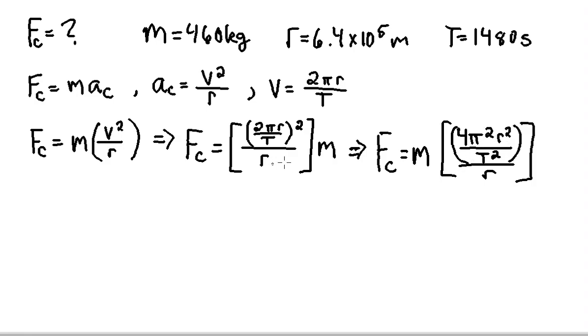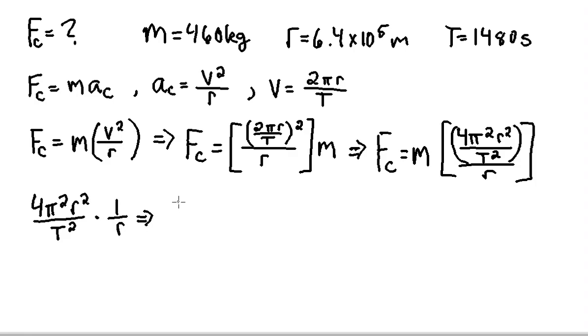So let me just show you what this looks like when we simplify it. I'm just dealing with a fraction on top of a fraction. So 4 pi squared times r squared divided by t squared. If we're dividing this whole thing by r, we're really just multiplying it by the reciprocal, which is 1 over r.